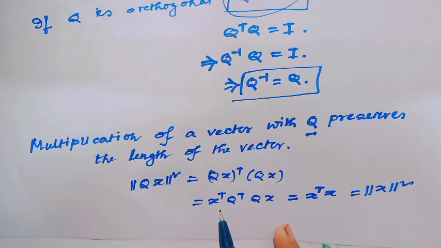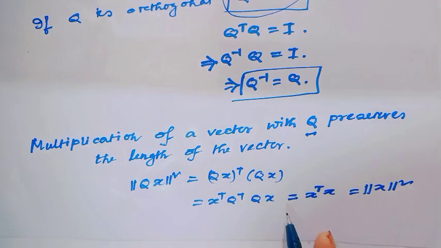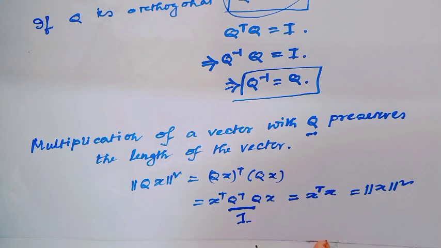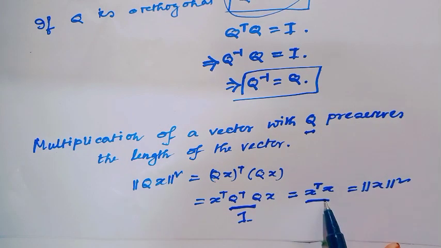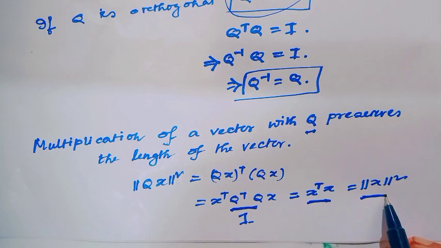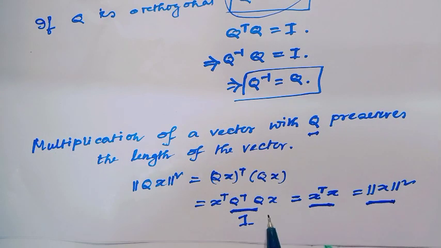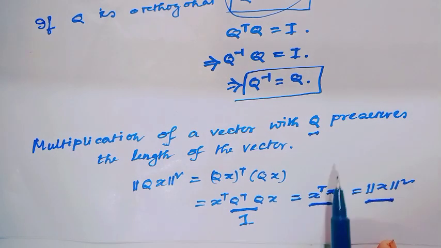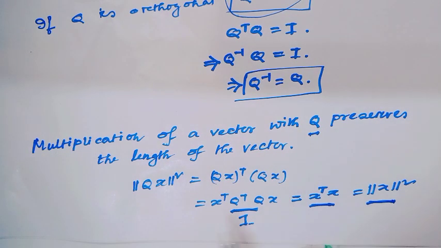This is x transpose Q transpose Qx. And since Q is an orthogonal matrix, obviously Q transpose Q is equal to identity. That means this is equal to x transpose x, and x transpose x equals norm of x squared. Therefore, multiplication of a vector with Q preserves the length of the vector.